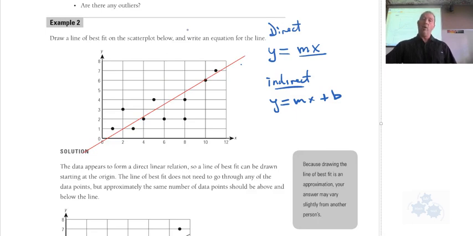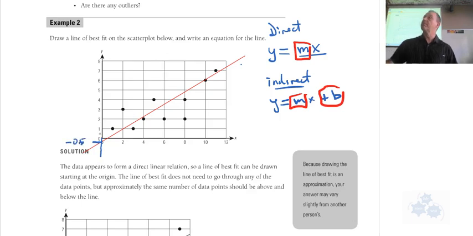So now what you want to do is find the slope and the intercept if it's not 0. And this one appears not to be 0. So for this one I'm going to have to guess what the intercept value would be, and I'm going to say about negative 0.5 for mine.